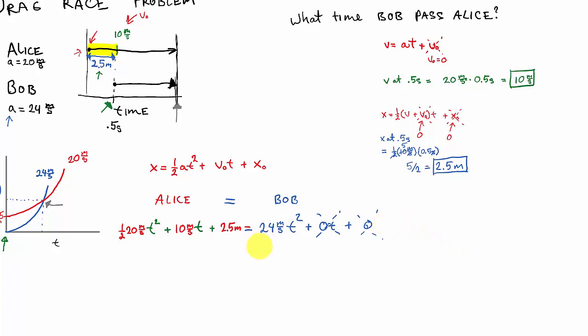Alrighty. For this 1/2, we'll reduce instantly, which is going to give us 12 t squared on one side, and 10 t.